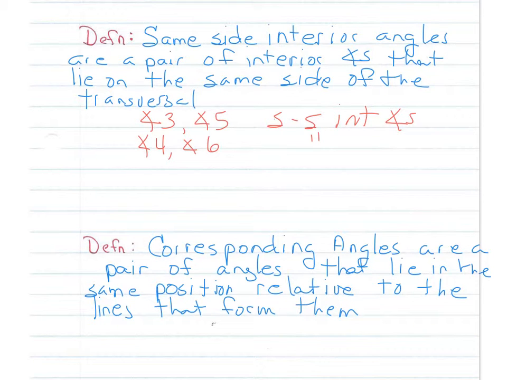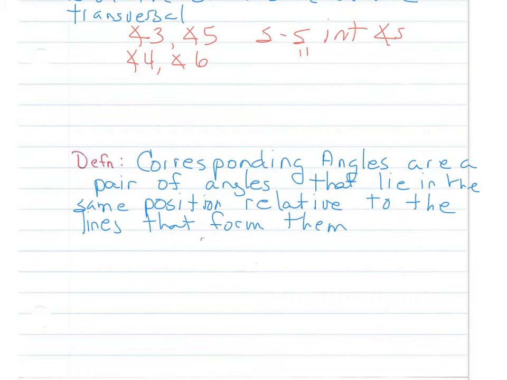Now, I'm not going to pull it back down, but you can look at the diagram on your paper, and if we were to name a pair of corresponding angles, we could say that angle 1 and angle 5 are corresponding angles. And you can abbreviate it like that. What's another pair of corresponding angles, Will?